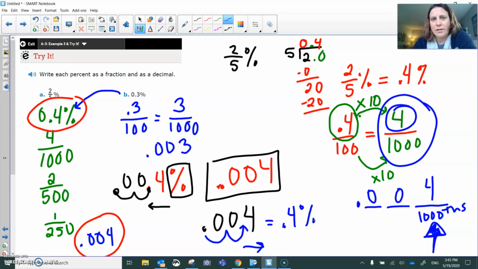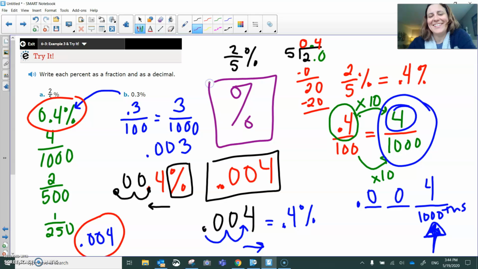I have a really, really dumb Slender Man example. Not to be super creepy. This is like the creepiest YouTube post I think I've ever done. I always used to think about the percentage sign as like the Slender Man. And if you want it to go away, you have to run away from it. So you got to run from it 2 places.